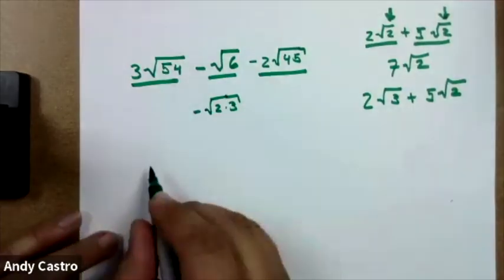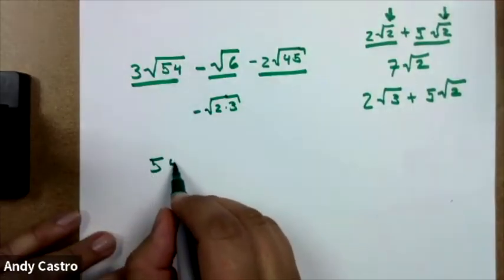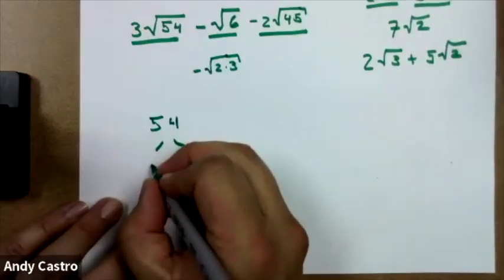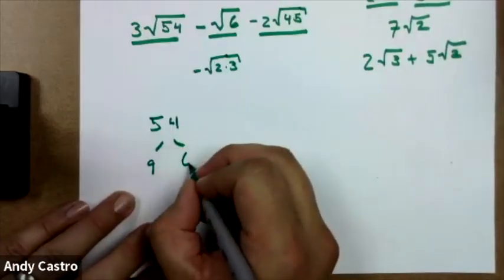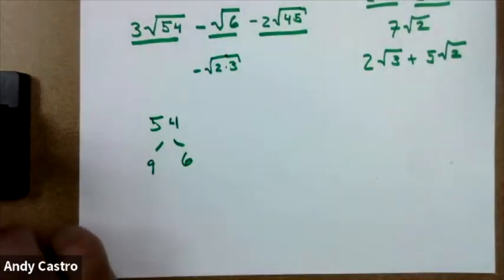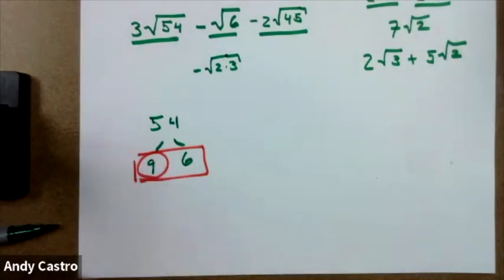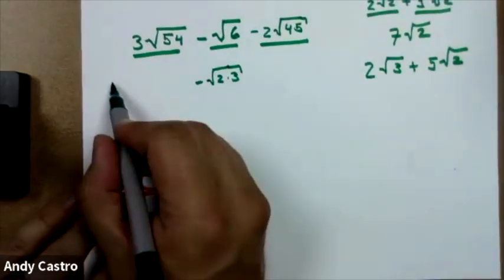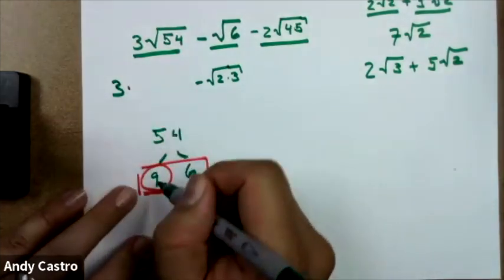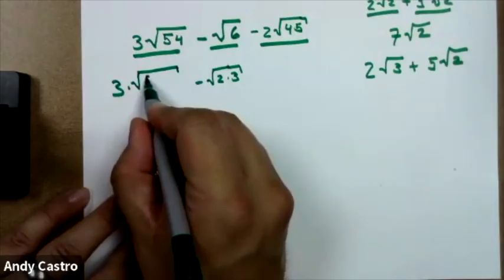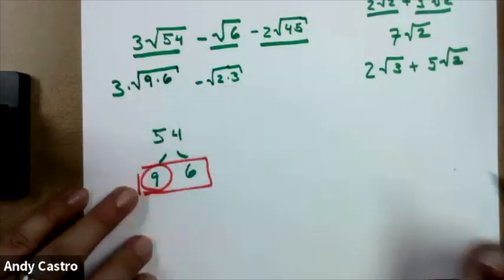All right, what about 54? Let's go ahead and factor tree 54. 54 I could divide by 9. That's 9 times 6. And then right there, we have a perfect square of 9. So here I have 3 times 54, which I can represent as 9 times 6.